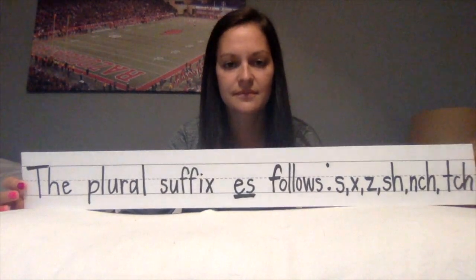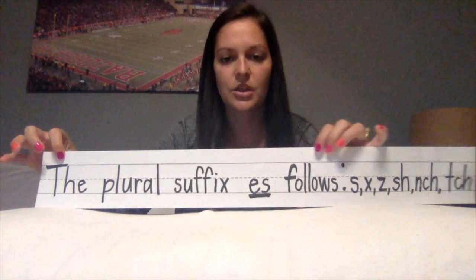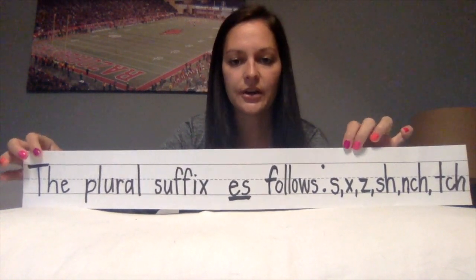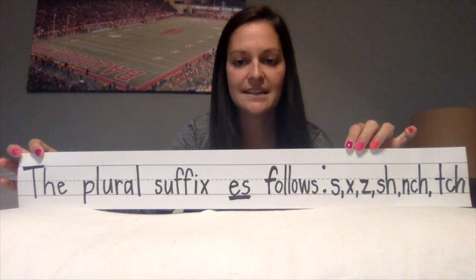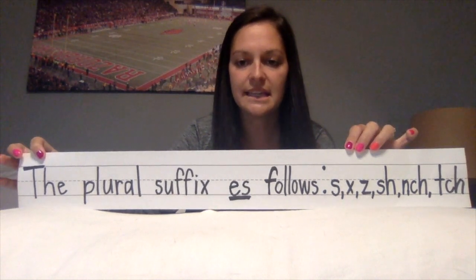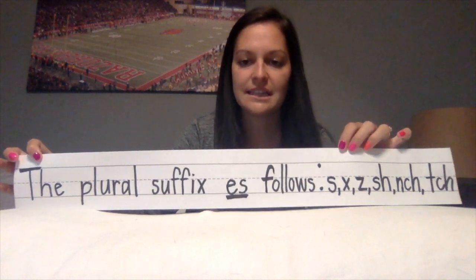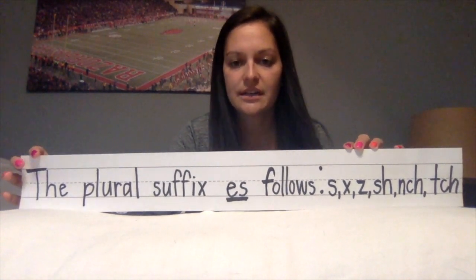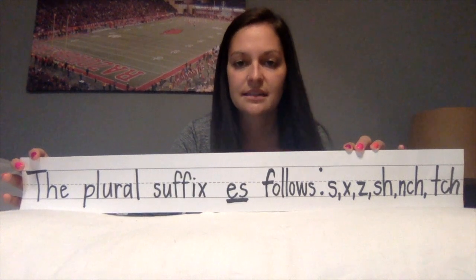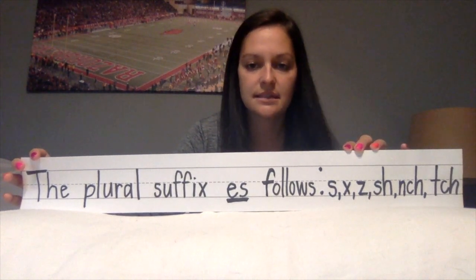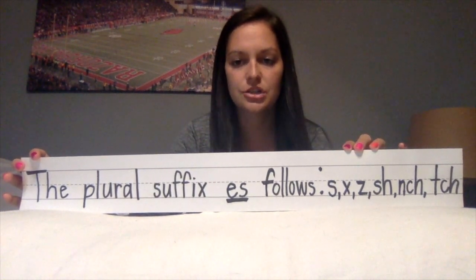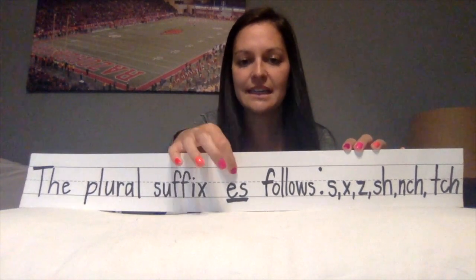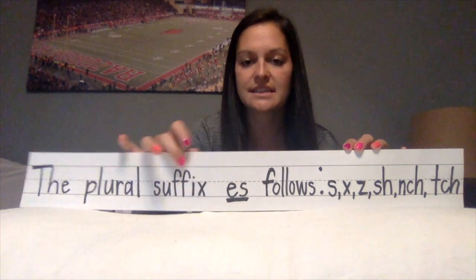Can you see this? It says the plural suffix es follows the following letters: s, x, z, sh, nch, and tch. So if you have a word that ends with s, x, z, sh, nch, or ch, you're going to have es, and this kind of sounds like a z.